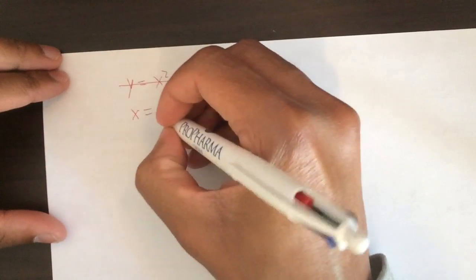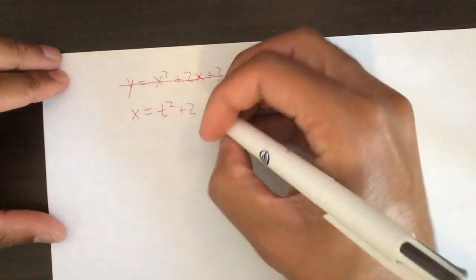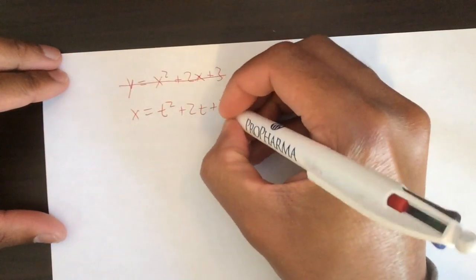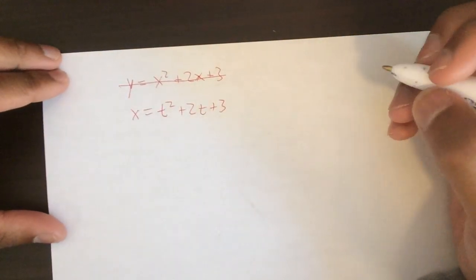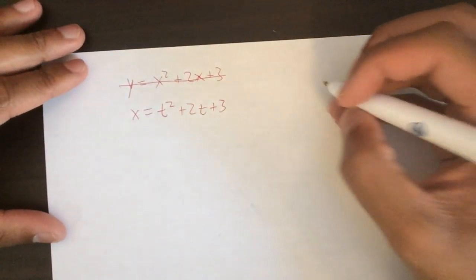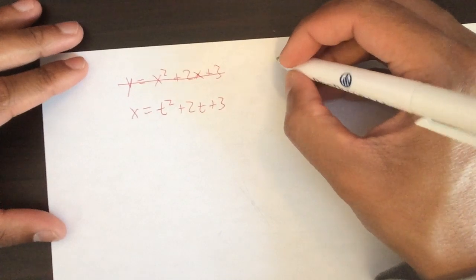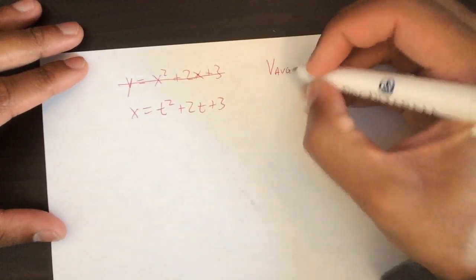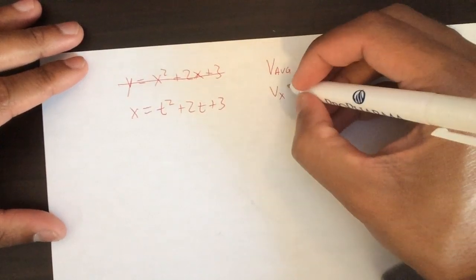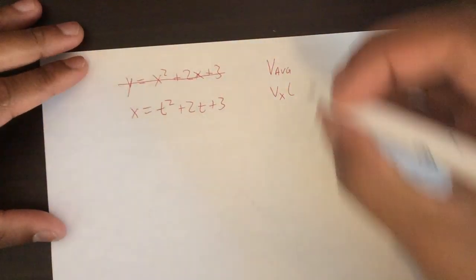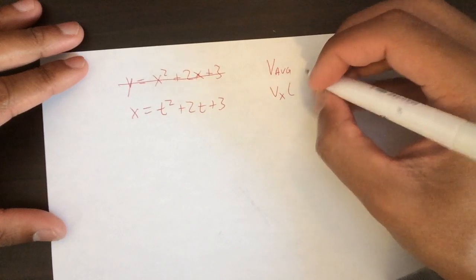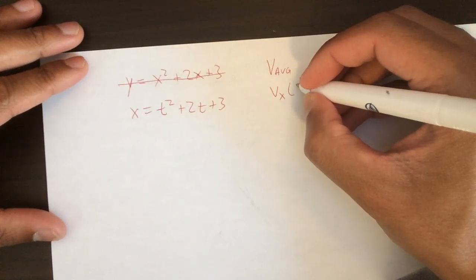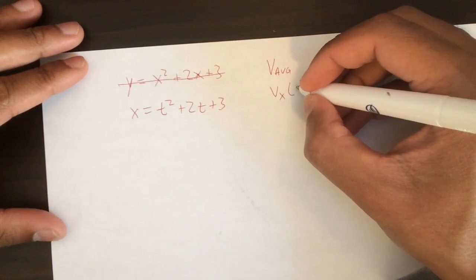Sorry, let's write this as x equals t squared plus 2t plus 3. And we want to find the average velocity, and we also want to find the instantaneous velocity at, let's just pick a value, t equals 2.